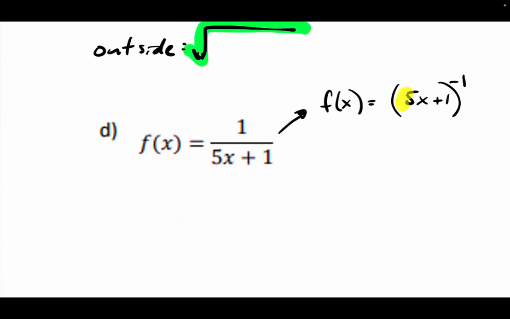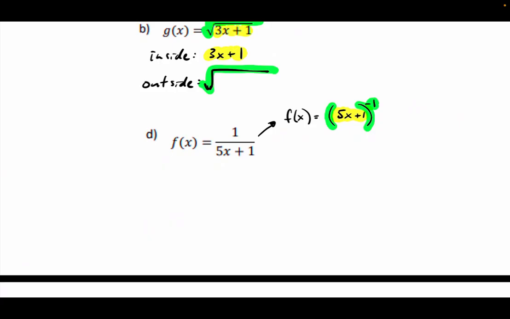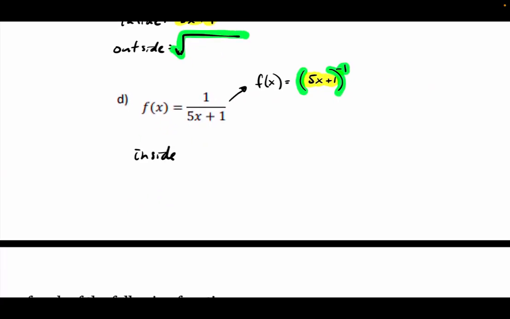That's one of the reasons why from day one I've been telling you guys to change things. If it doesn't have a power, give it a power, because I knew this day would be coming when we have to decide what's the inside and what's the outside. So when you do it that way, you can see, oh, the inside's 5x plus 1. The outside is something to the -1 power.